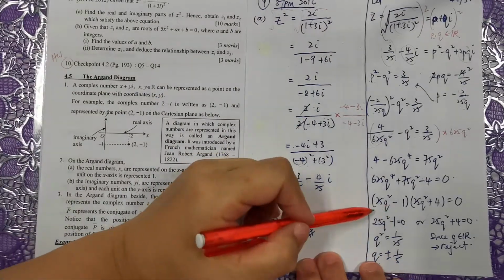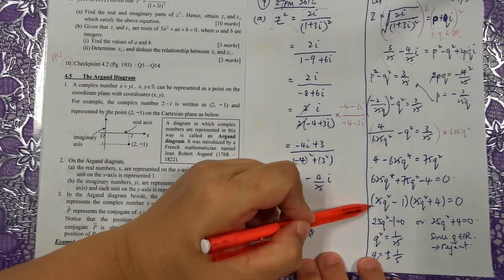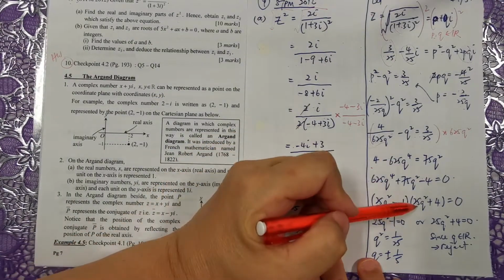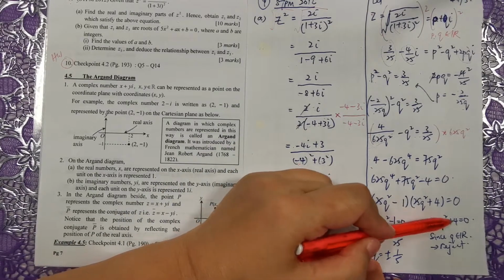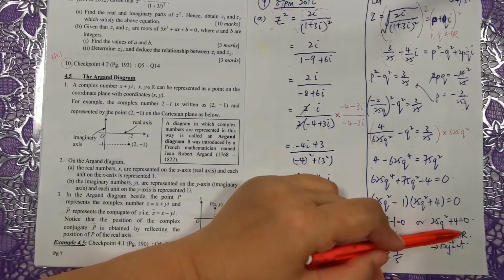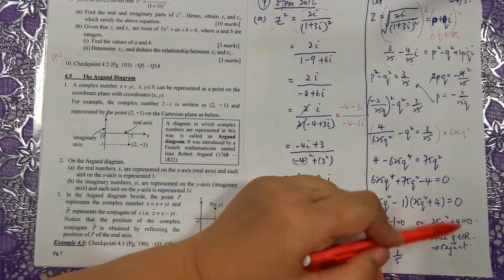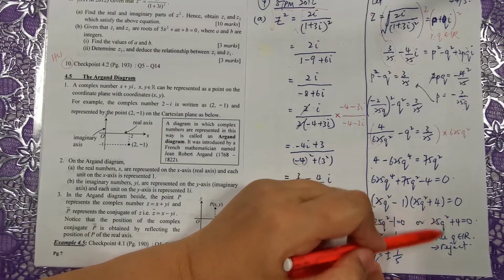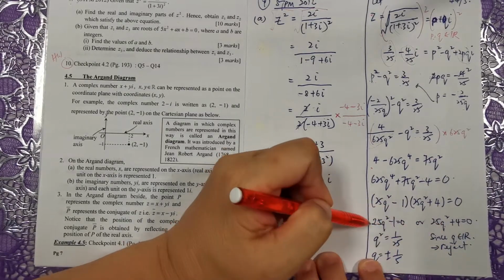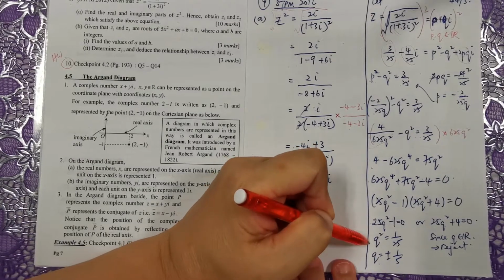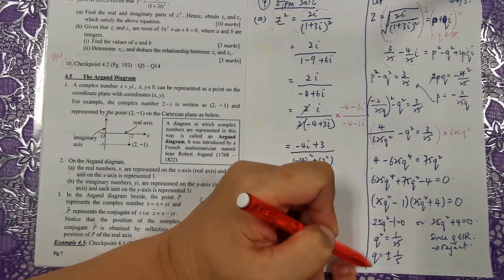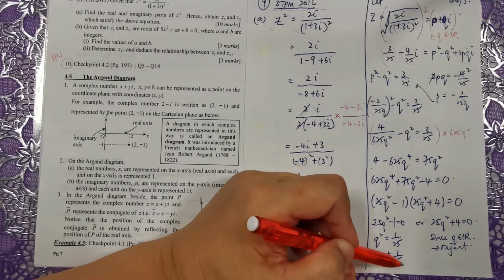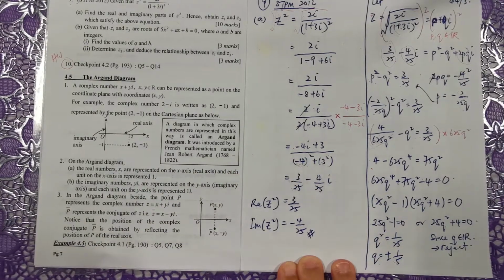And we found that it is something we can factorize like this. This part, 25q squared plus 4, since q must be a real number, and this one will give us an imaginary number, we reject this answer, so only this is left. So q squared equals 1 over 25. Therefore, q equals plus minus 1 over 5.